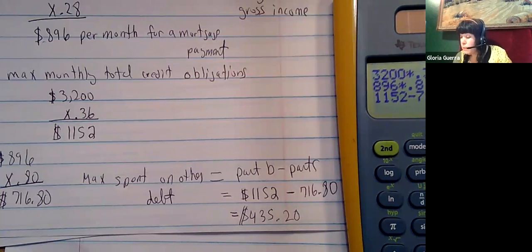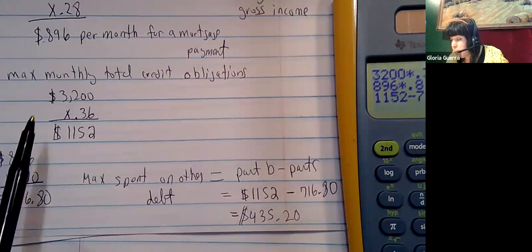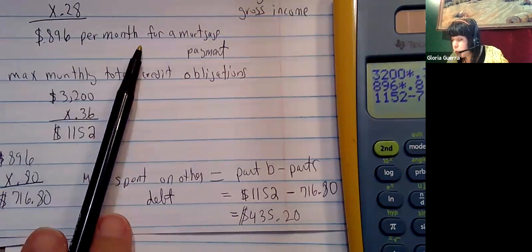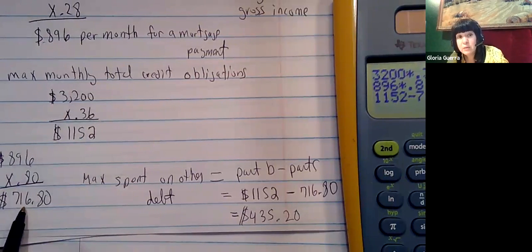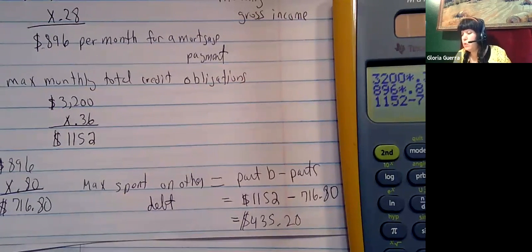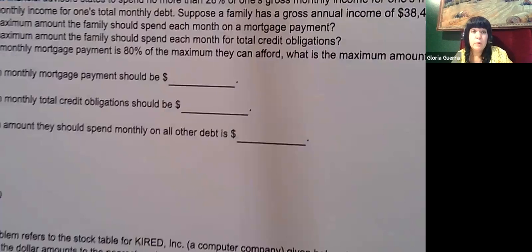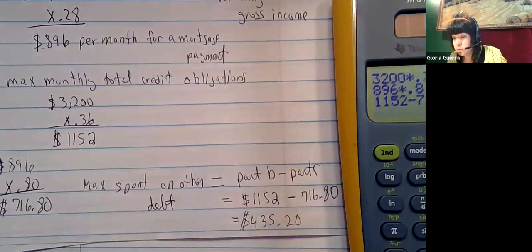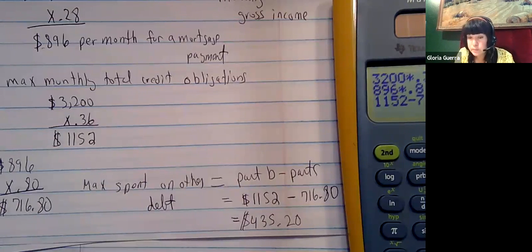Okay, so we had to take their monthly payment, $896 here per month for the mortgage payment, multiply it times 0.80, and we got this value, and then we had to subtract that from the total credit obligations, and that answers part C. Okay. All right. So that's 17. Okay, let's see what 18 says.